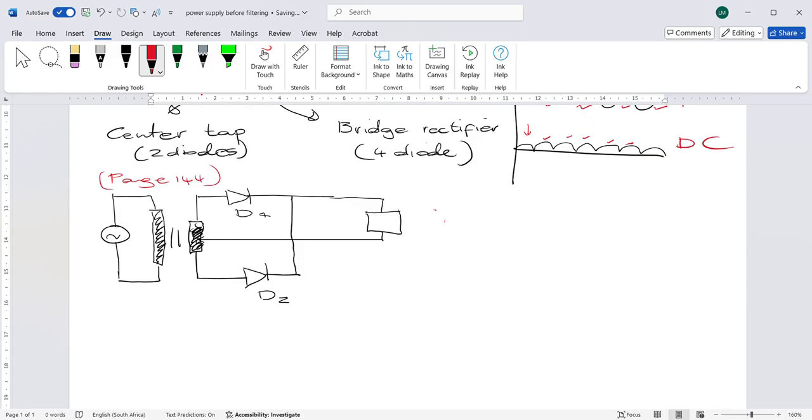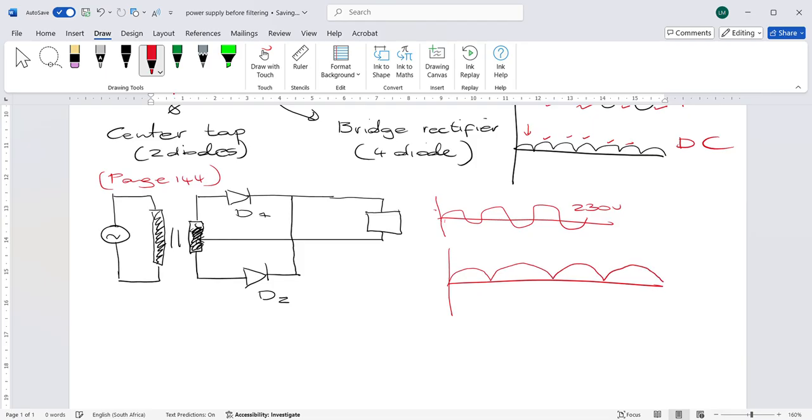Cool. So how does this one work? Let me draw again. Eskom power. This is your sine wave coming in as 230 volts. Then this one was D1.